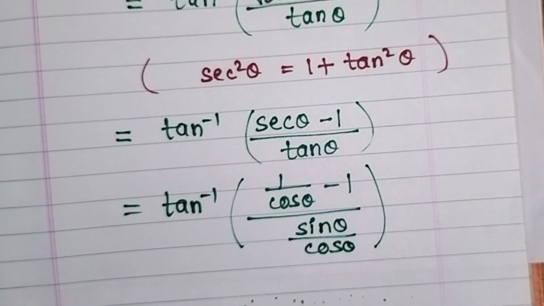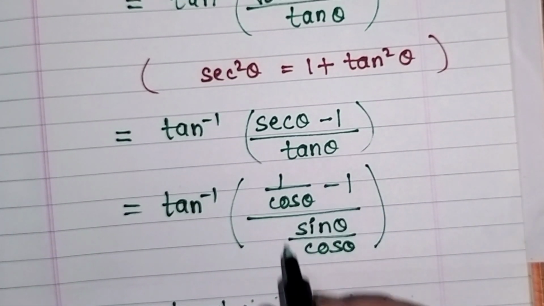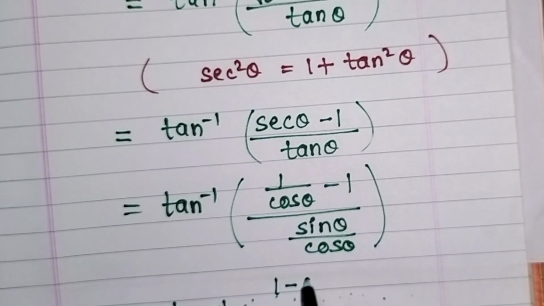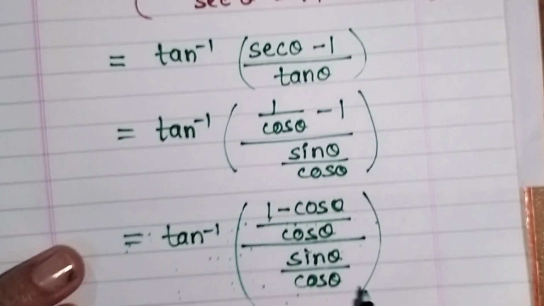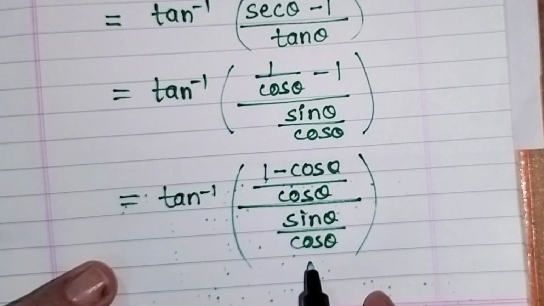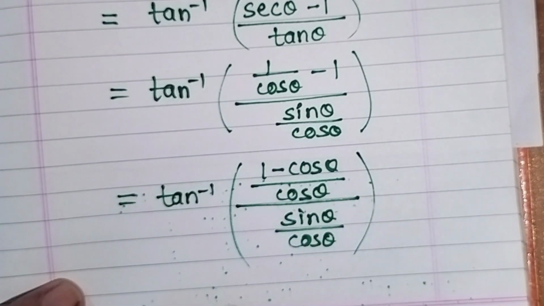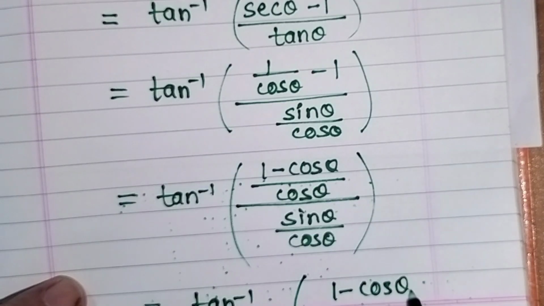So this is equal to tan inverse, just take the LCM in the numerator, so it is 1 minus cos theta upon cos theta, the whole divided by sine theta upon cos theta. I hope you all are getting this. So this cos theta and cos theta get cancelled, so we will get tan inverse of 1 minus cos theta upon sine theta.